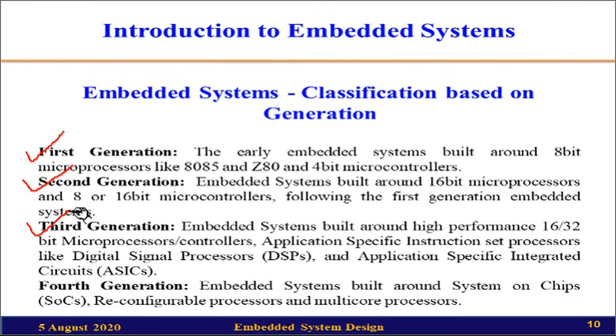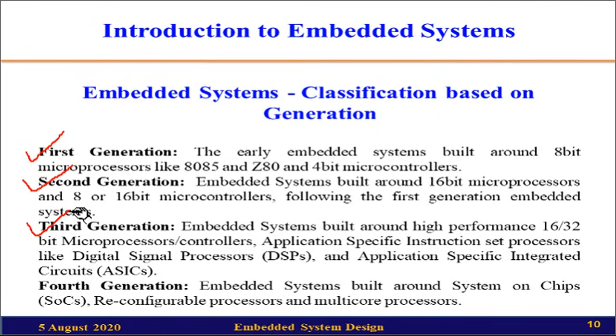And here we also have the advantage of application specific instruction set processors. It means like DSP, digital signal processors, where they use a specific instruction set to perform signal processing tasks. And also we have application specific integrated circuits, which are meant for some specific application.